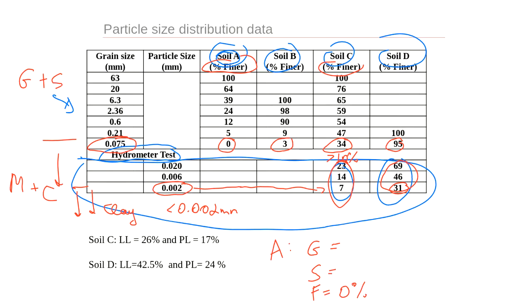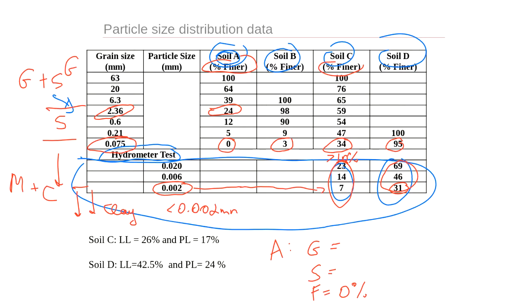Okay, so again, to do that, you just need to remember the number 2.36. This is the magic number. We define the line between gravel and sand. So everything that is finer, out of 100% of the soil that we sieved, 25% was smaller than the size of 2.36.